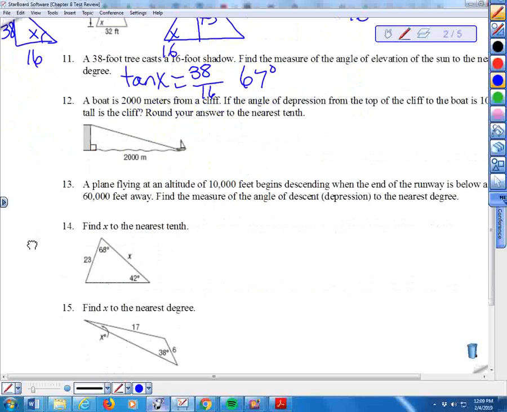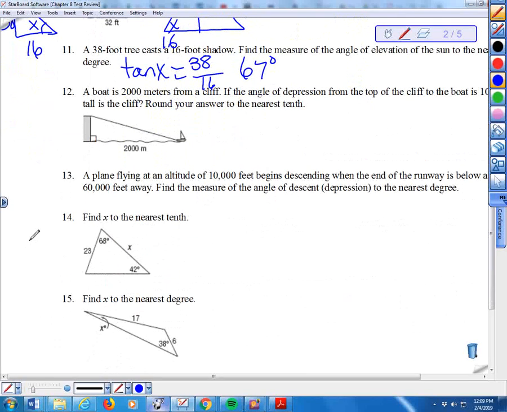A boat is 2,000 meters from a cliff. If the angle of depression from the top of the cliff to the boat is 10 degrees, how tall is the cliff? Well, remember, angle of depression is always measured against a horizontal. So that's the angle of depression, which means it's going to be equal to my angle of elevation. And this is 10 degrees. And I'm trying to find how tall the cliff is. Sine, cosine, or tangent? Tangent.